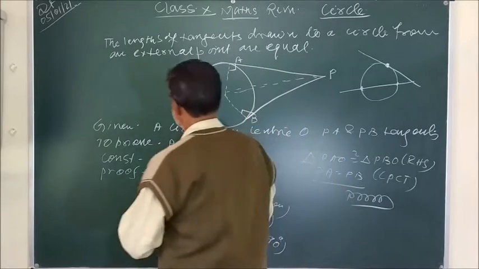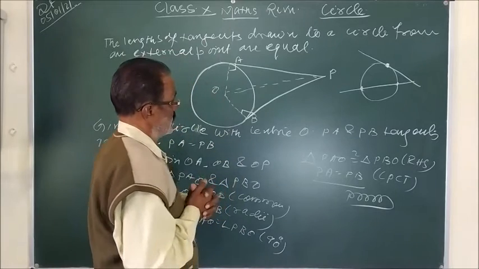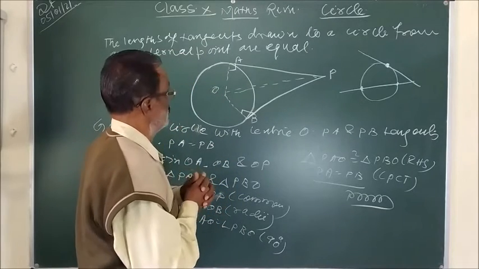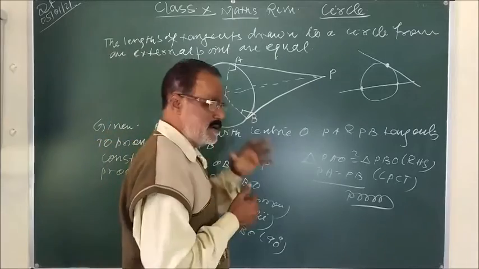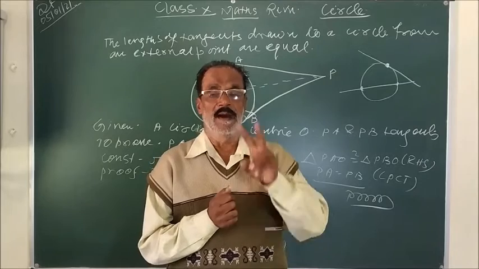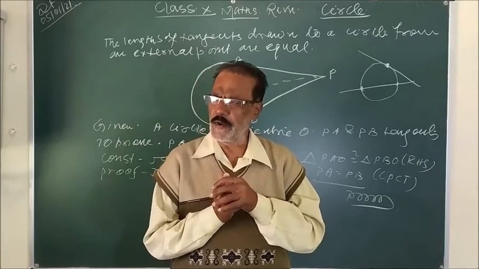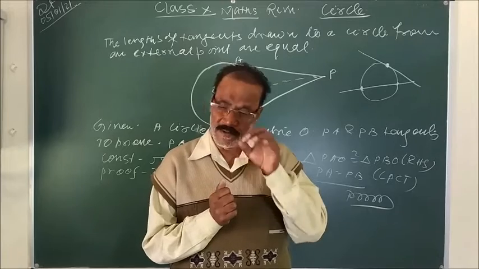This theorem is: the lengths of tangents drawn to a circle from an external point are equal. How many tangents can you draw to a circle from an external point? Maximum 2 tangents. How can you draw a tangent from a point inside the circle?